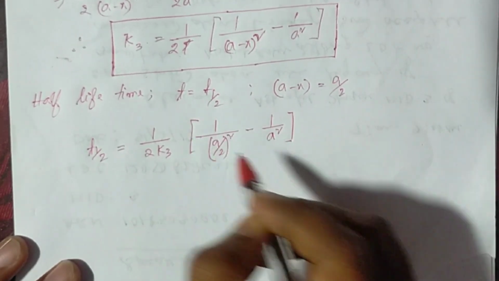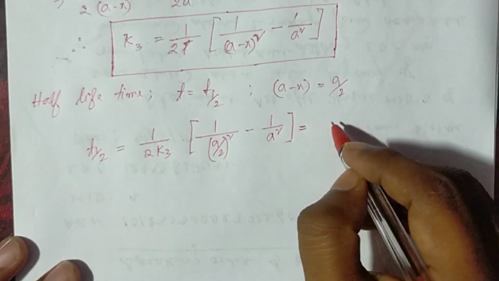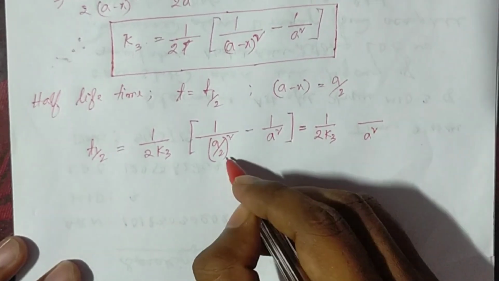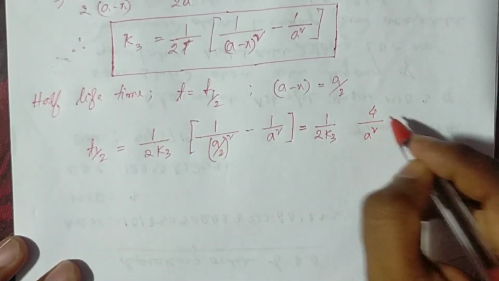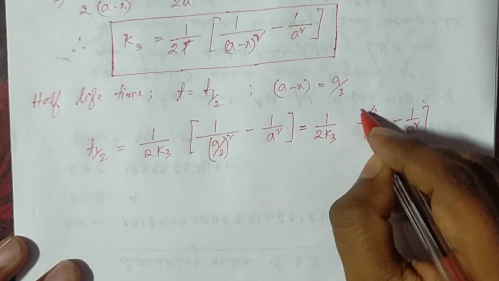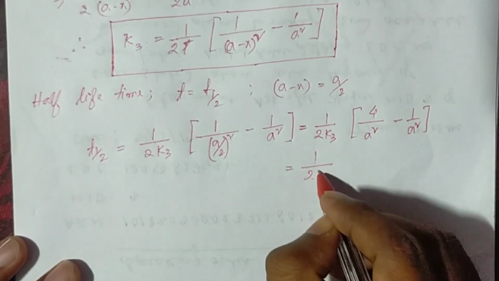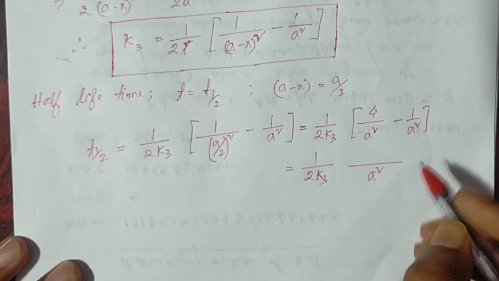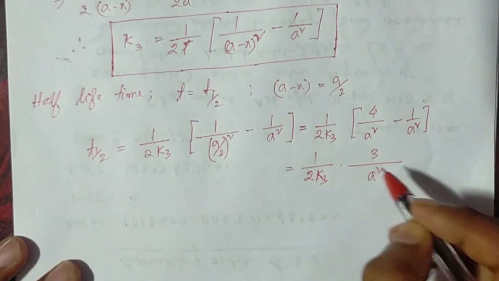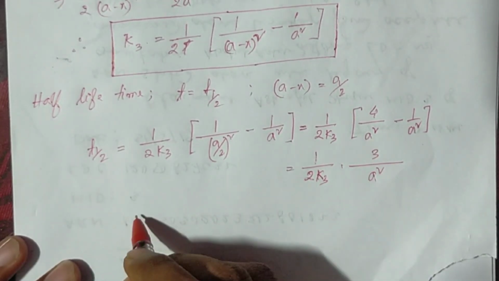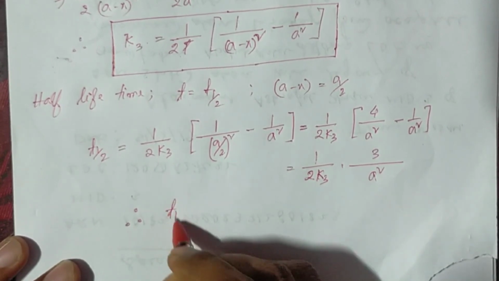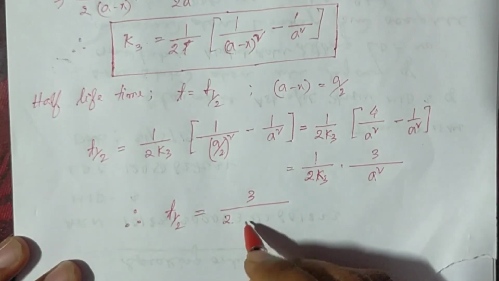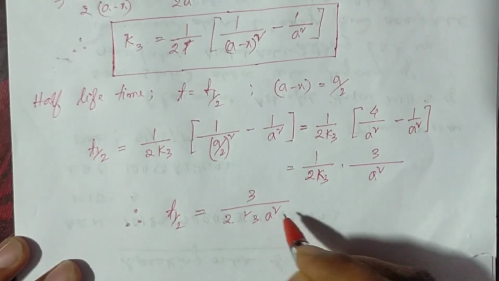So we can write 1 by 2 k3 a square into (4 minus 1), that is 3, and we can finally write the half-life time as 3 divided by 2 k3 a square.